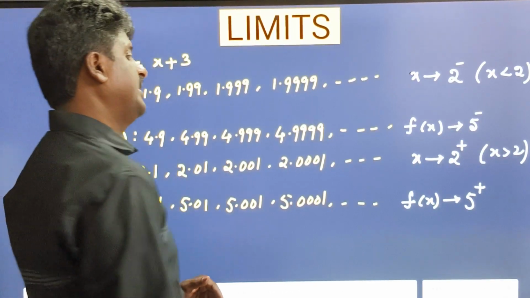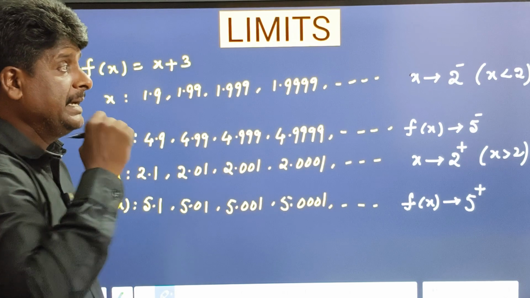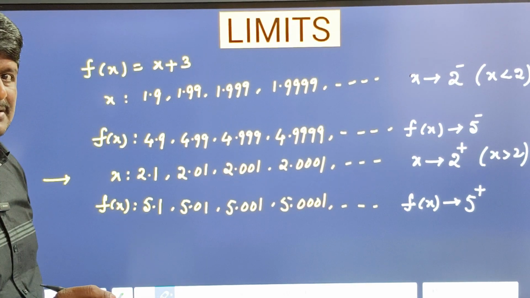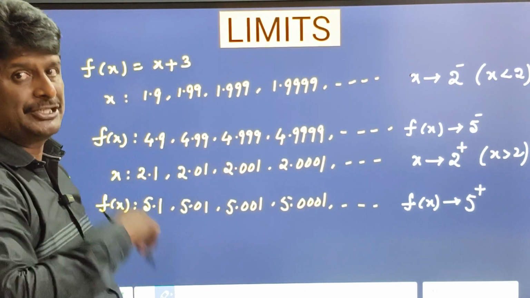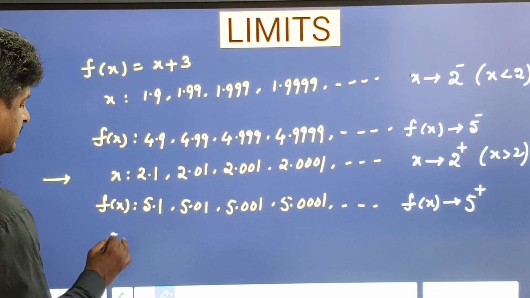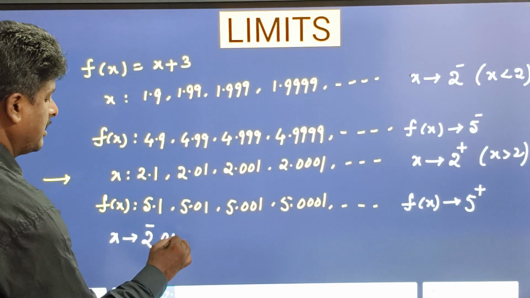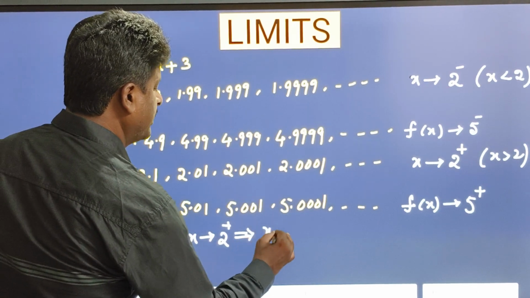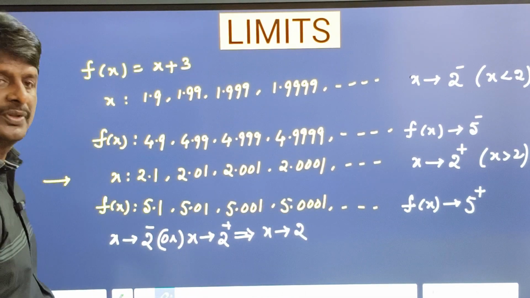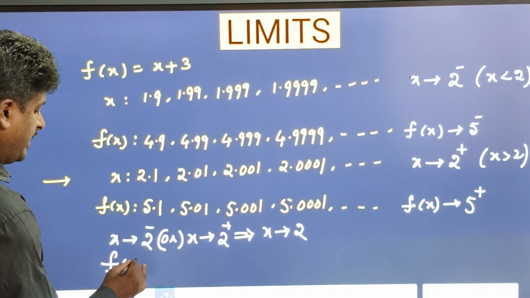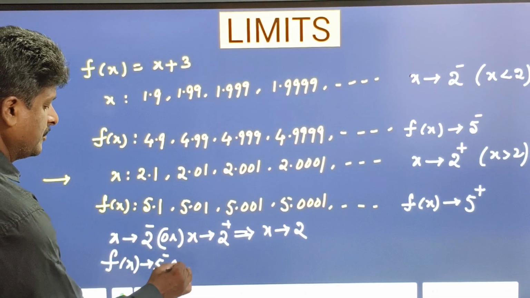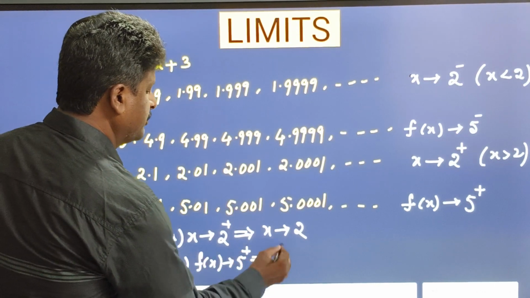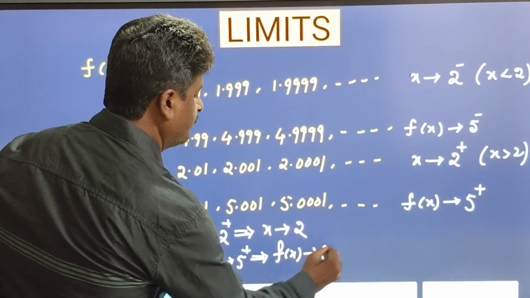Okay, so either x tends to 2 minus or x tends to 2 plus, it is denoted by x tends to 2. f of x tends to 5 minus or f of x tends to 5 plus, it is denoted by f of x tends to 5.